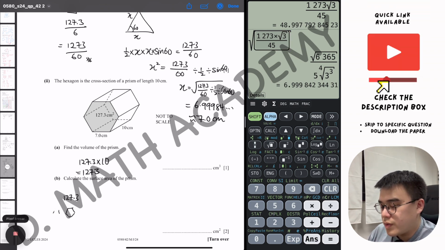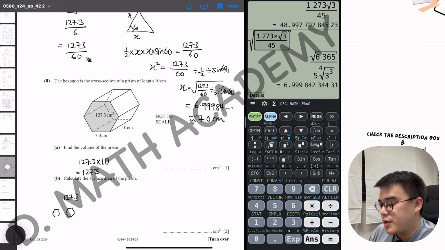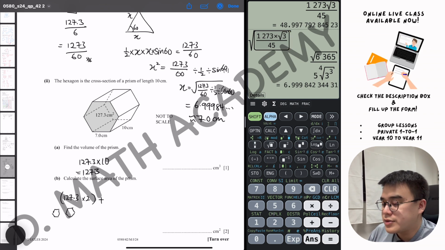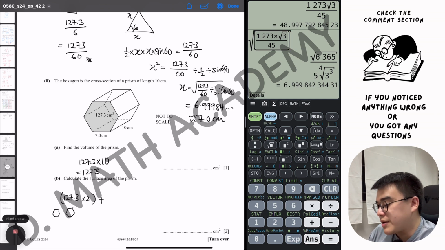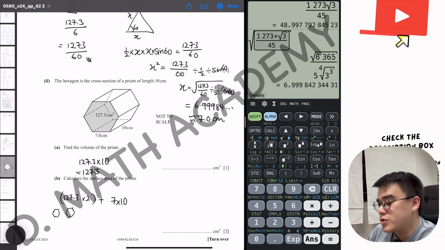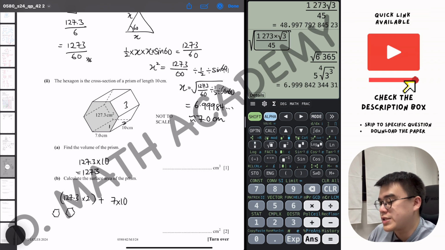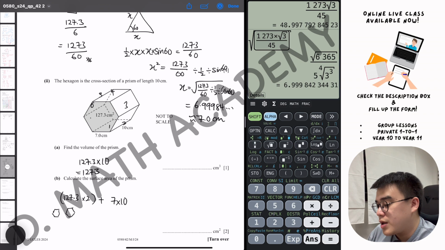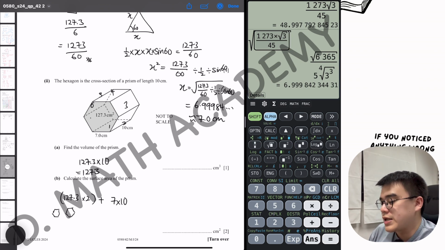Okay, so when you go forward to the next part, there are a lot of rectangles. So each rectangle is 7 times 10. But when you count, you have 1, 2, 3, 4, 5, yeah, 6 is here.